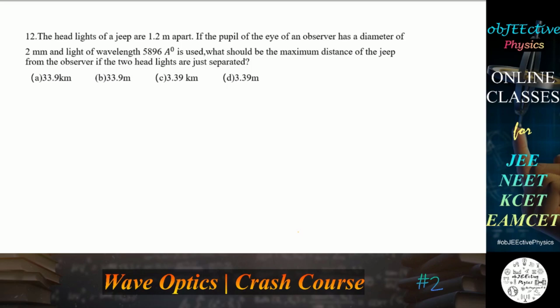Let us assume that observer is standing at a particular distance, say x from the headlamps of the jeep. This position O is the observer position, and A, B are assumed as the headlamps of the jeep. So distance between these headlamps is given 1.2 meters. Let us assume here angle is theta.